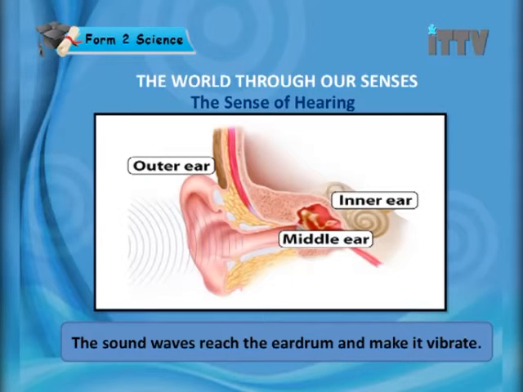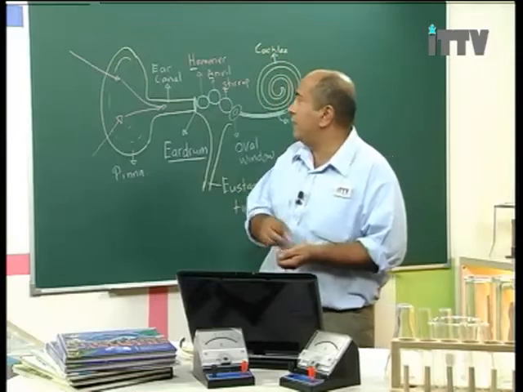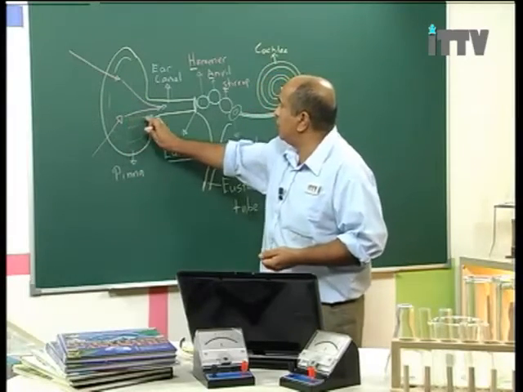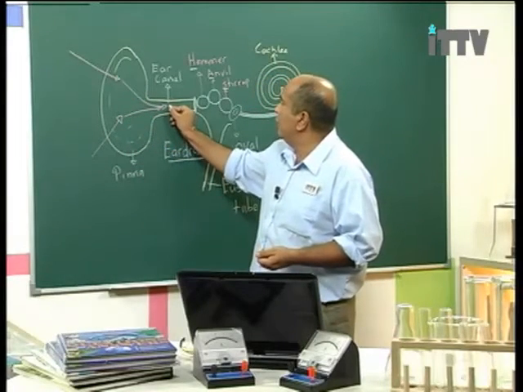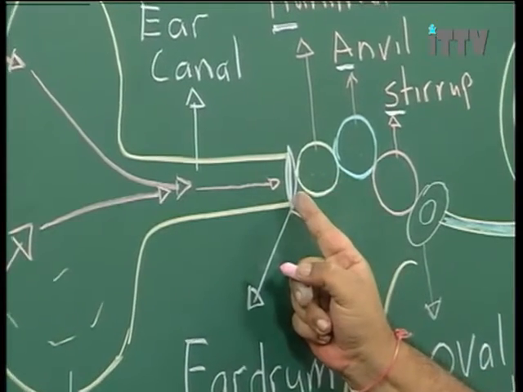The sound waves reach the eardrum and make it vibrate. So now the sound which has been gathered by the pinna has been sent through the ear canal. It moves along here until it strikes the eardrum.